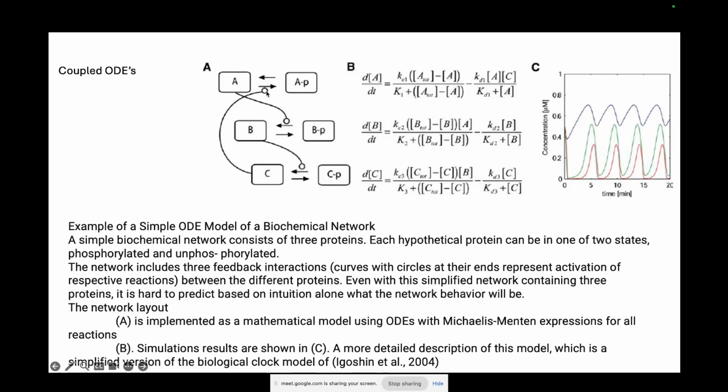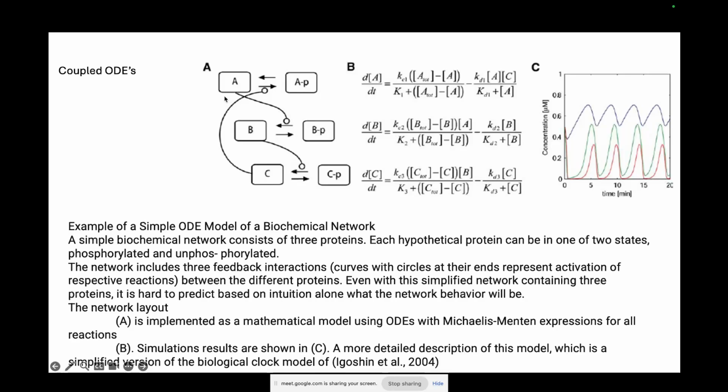So this is basically the activation. C is activating the forward reaction from A to A phosphorylated. Again, A is accelerating the process of B phosphorylated turning into B. So these are coupled reactions. What are coupled reactions basically? Individual reactions which are somehow involved in regulating other reactions.